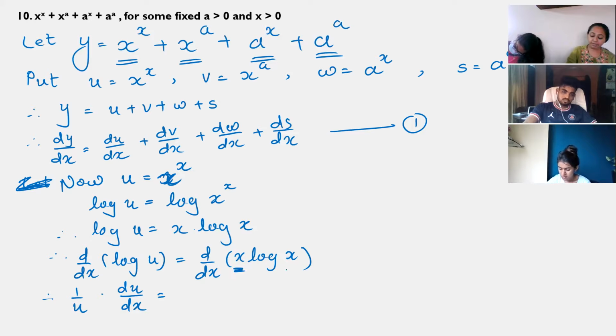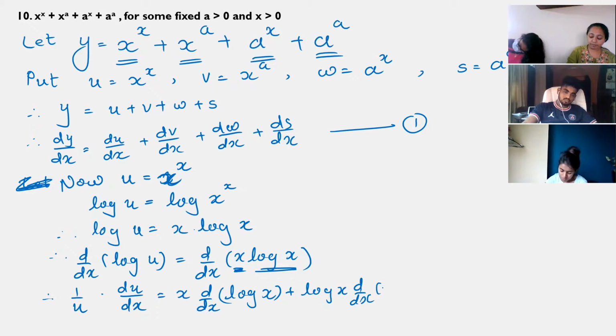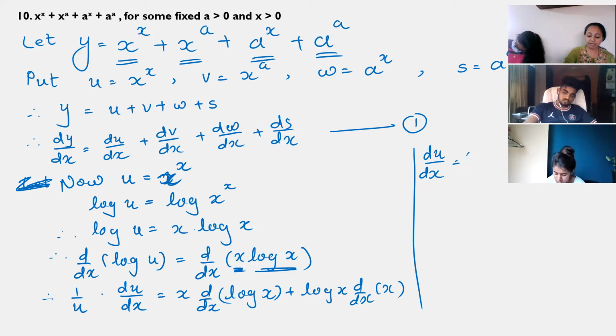Right hand side you can see the 2 different terms. First term as it is, differentiation of log x, plus log x as it is, differentiation of x. That means let me keep du by dx on the left hand side and u will multiply the right hand side, x as it is.